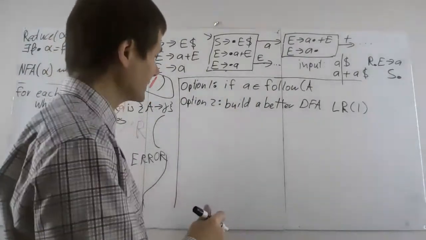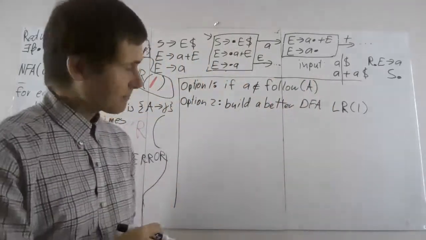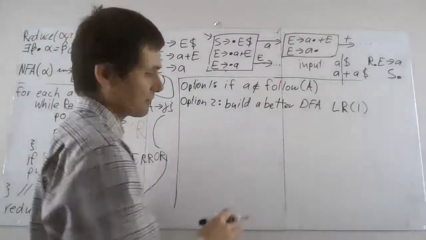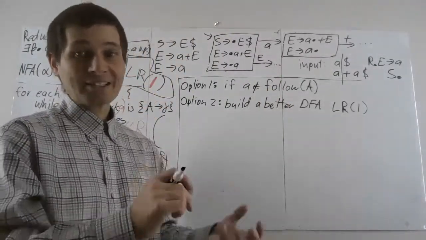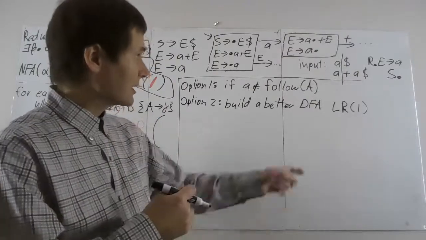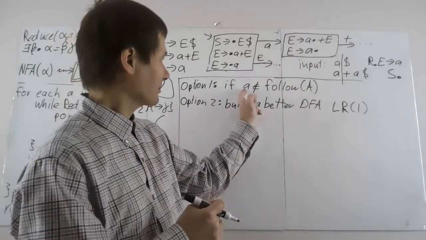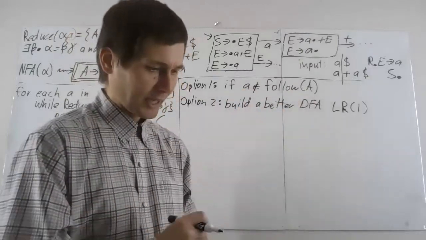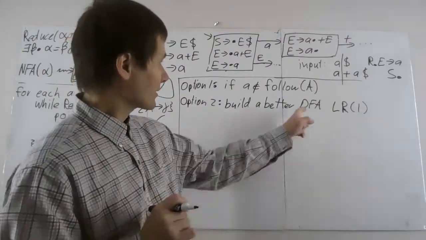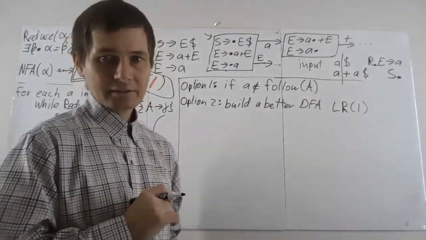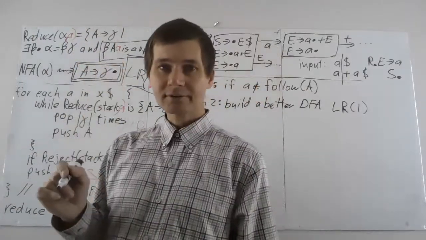If little a is not in the follow set of big A, what does the follow set say? The follow set tells us whether there is any sentential form that has little a following big A. If there is no sentential form with big A, little a in it, is beta A a a viable prefix?